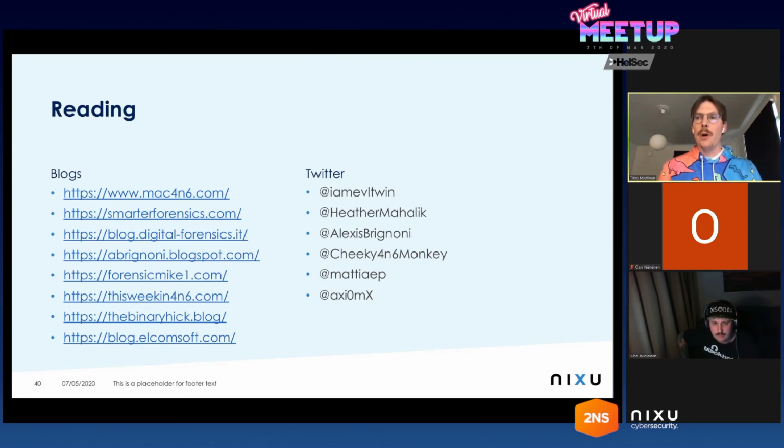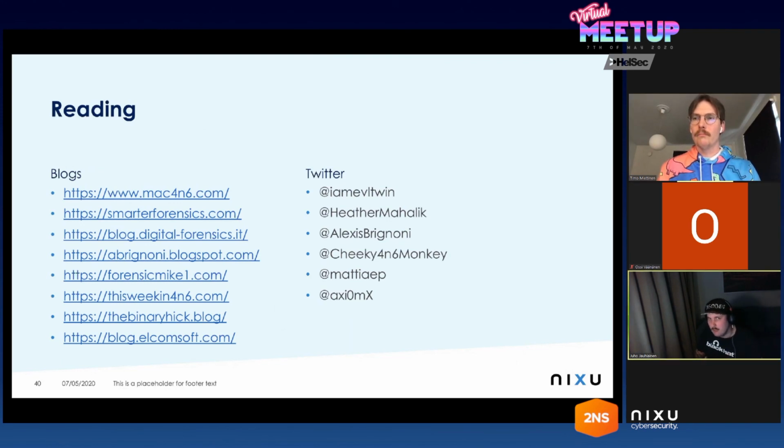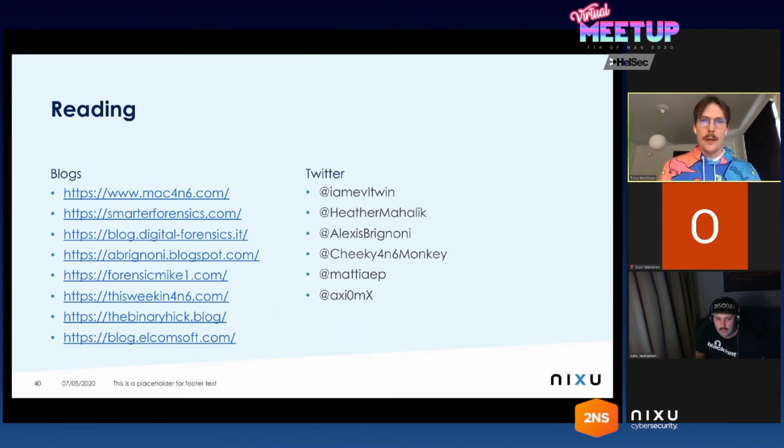I can't remember this specific case and the details of it, but I can take a look at it and post some links later on the Discord. Perfect. Because there was also a question about the links you have on the slides. Could you somehow provide them to the audience as well? Yes, I can.